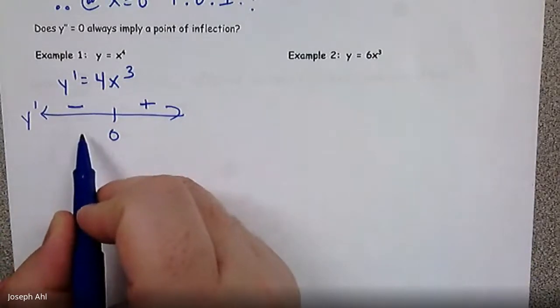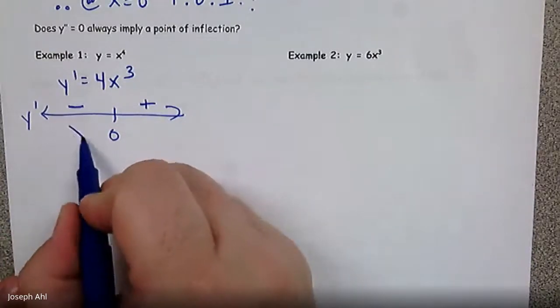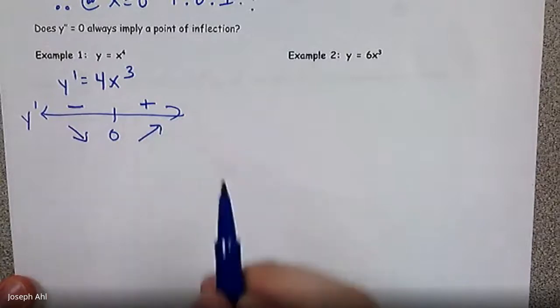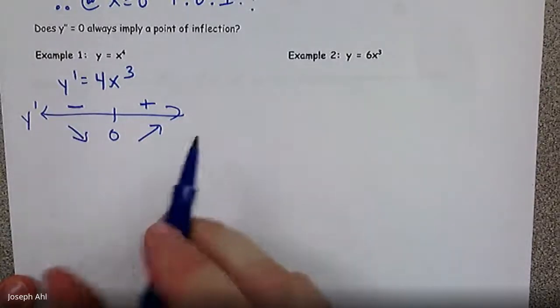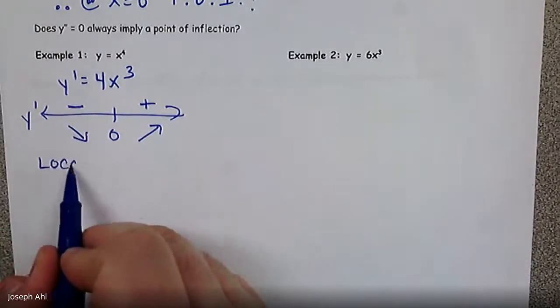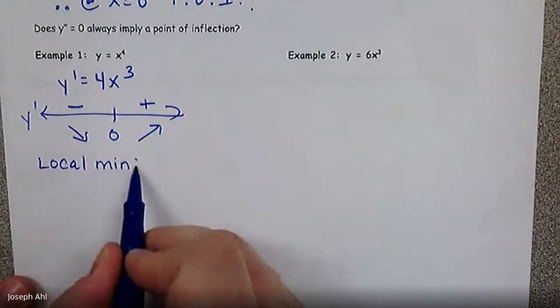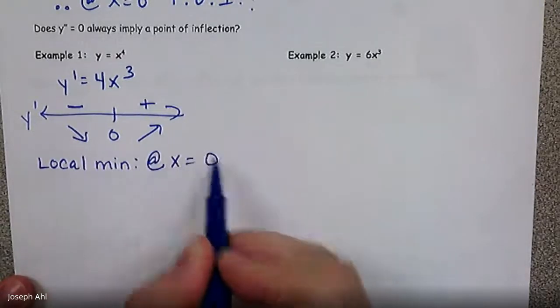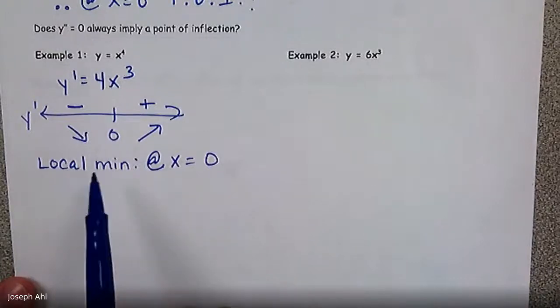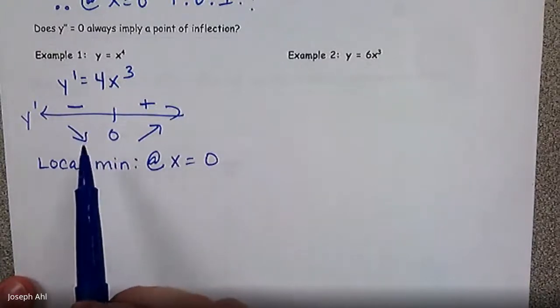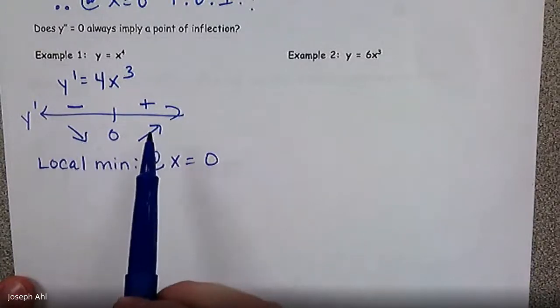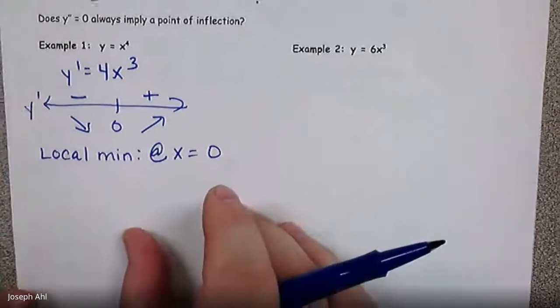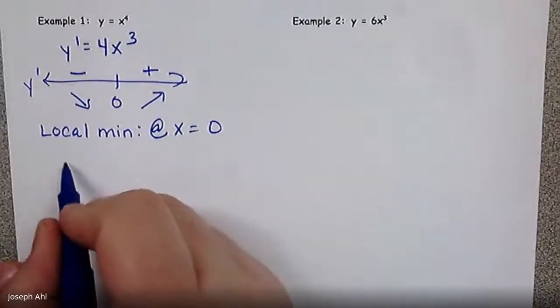So we're going from decreasing to increasing, which means that we have a local min at x equals 0. I'm not going to show the justification for now, but we would justify by saying the derivative is negative to the left of 0, positive to the right of 0, which indicates a local min.